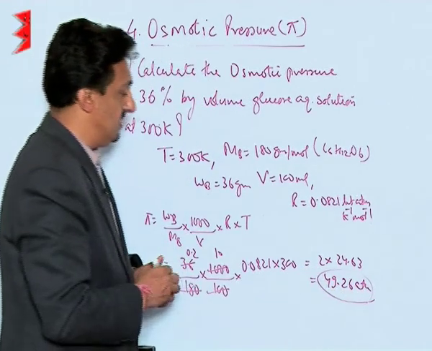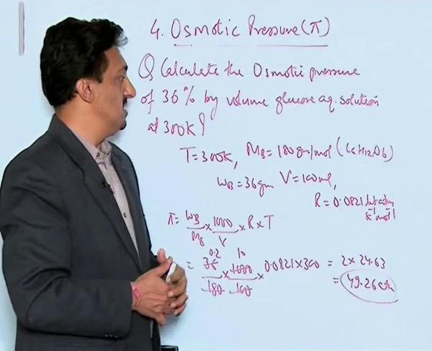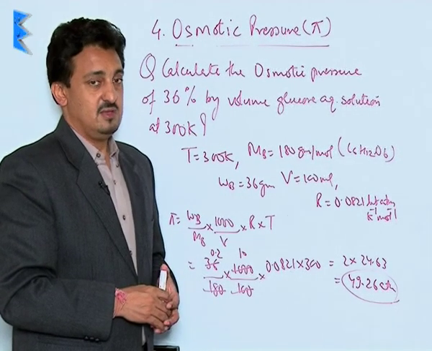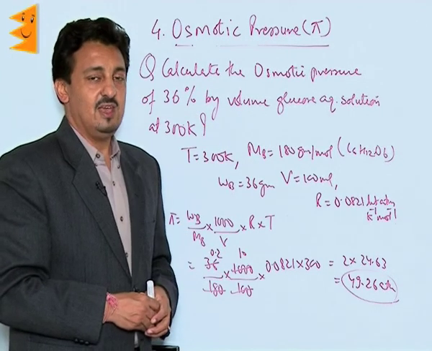So this is the pressure we have, 49.26 atm, when 36 grams of glucose is taken in 100 ml of the solution at 300 Kelvin.